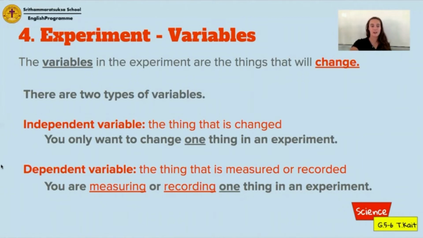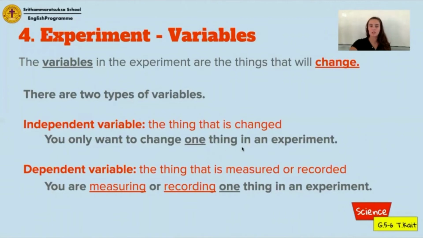The other type of variable that we will have, and this is only one more variable, is the thing that is measured or recorded that we are going to write down. You are measuring or recording one thing in the experiment. So in our plant experiment, what are we going to be measuring? What do we want to know?